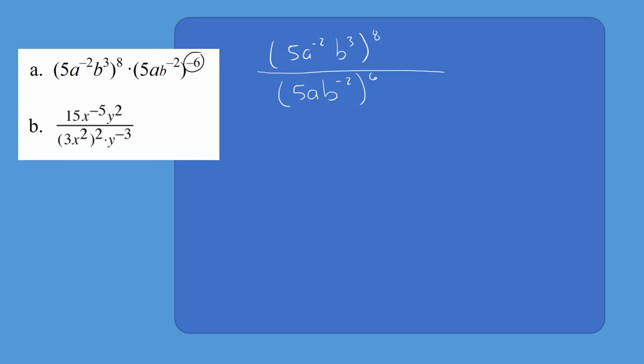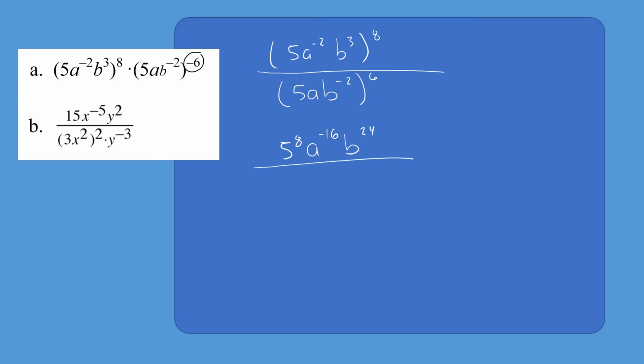So in my numerator, I'm raising this whole base that's in parentheses to a power of 8. I can accomplish that by raising each one of the individual pieces of this product to the 8th power. So this could be rewritten as 5 to the 8th power times a to the negative 16th power times b to the 3 times 8, which is 24th power.